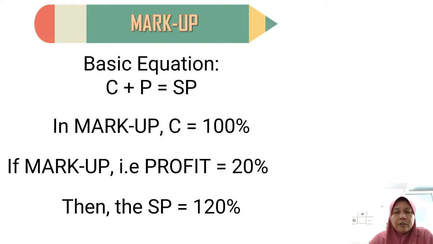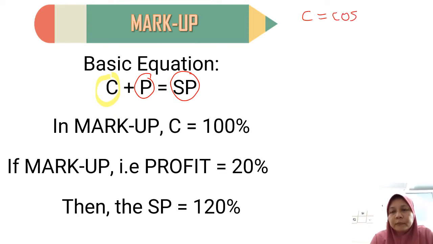In this video, I am going to illustrate the markup. Given a basic equation of C plus P equals SP, where C is the cost, P is the profit, in this case markup, and SP stands for the selling price.